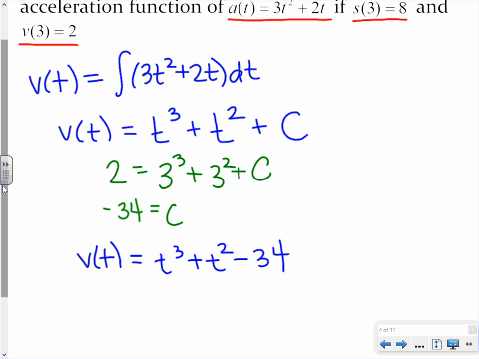You take the antiderivative of velocity, then use the data point 3, 8 to solve for that constant. 1, 2, 3, go. It's not the nicest of constants. 3.75.